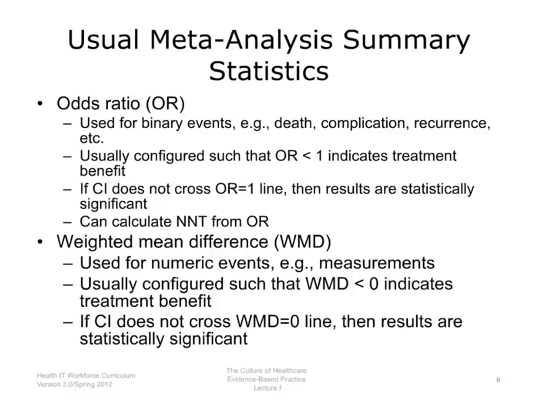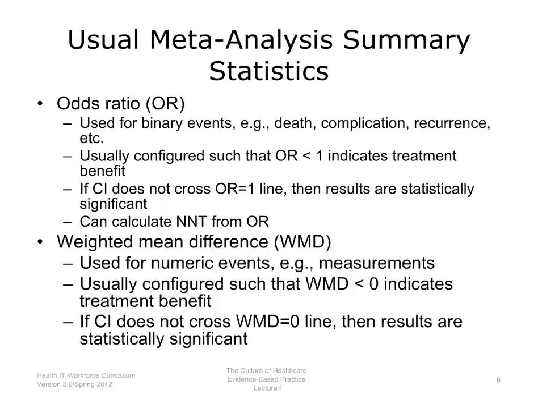When the odds ratio is less than 1, there is benefit for the treatment, and when the confidence interval does not include the odds ratio equals 1 line, when it does not cross over that line, our results are statistically significant. We can actually calculate, in a somewhat complicated formula, the number needed to treat from the odds ratios, so we can translate odds ratio findings into something that has a little more meaning from a practical standpoint.